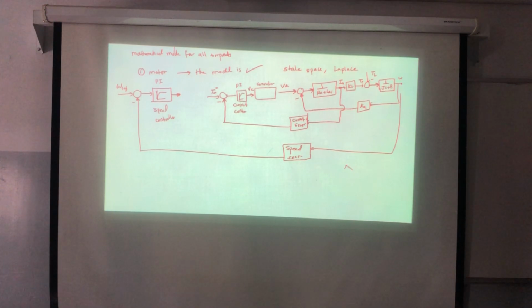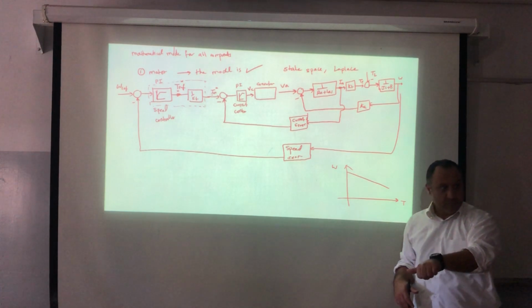If we go to the torque speed characteristic, if I change the speed, I will change the torque. So this will be T reference. Do I have a relation between the torque and the current? Yes. If this is 1 over KT, this will be a reference, or simply someone will say this is a constant. All of that can be seen as the PI control. So the output of the PI speed control is the current reference, because it's the torque reference.